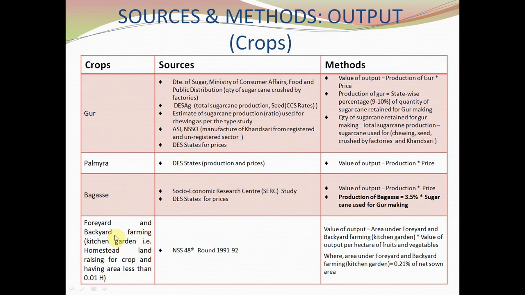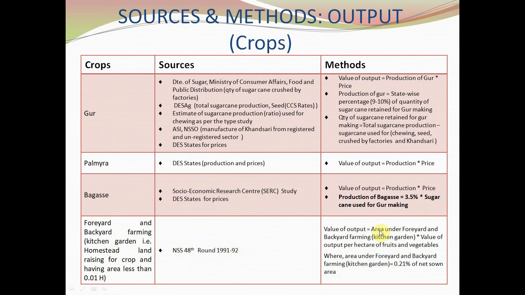In case of foreyard and backyard farming, that is kitchen garden, which is created in homestead land, raising crops and having area less than 0.01 hectare, we are using NSS 48th round study, which took place in 91-92.